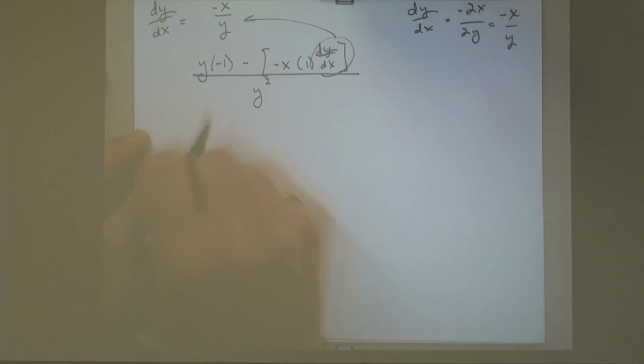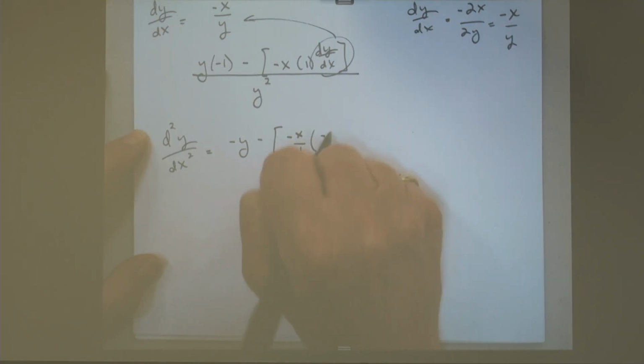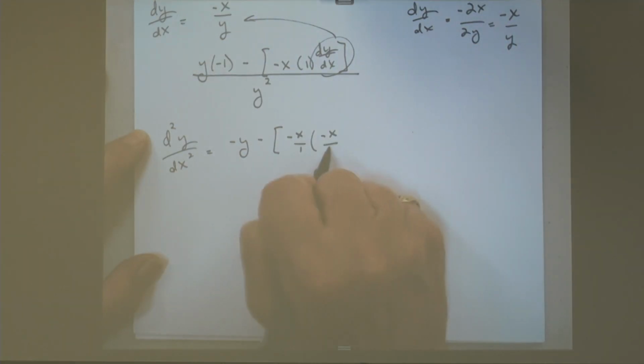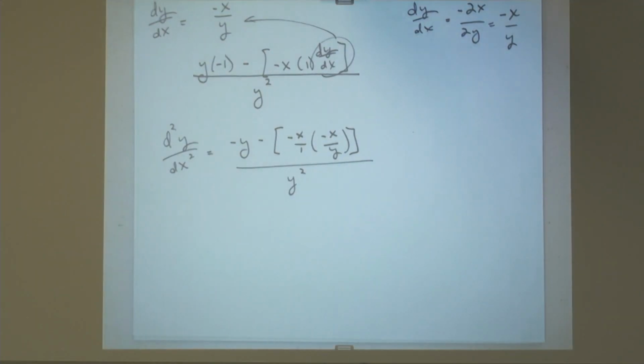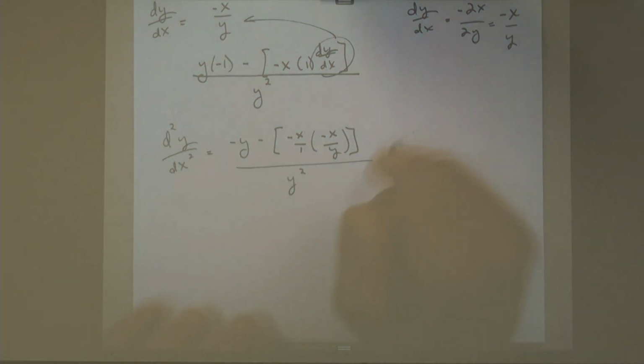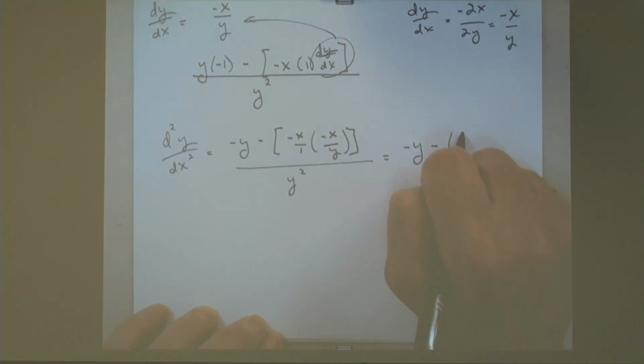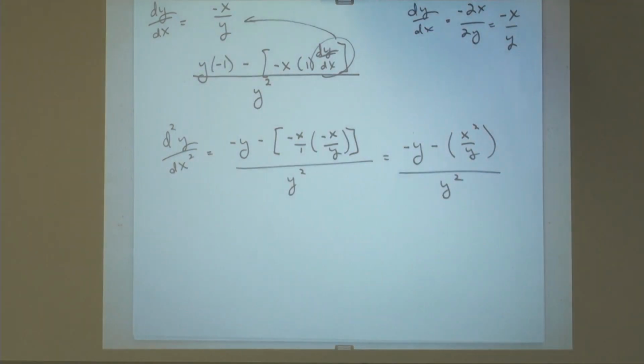So now the second derivative is going to be negative y minus negative x times negative x over y, over low. And that's going to give me negative y minus x squared over y, over y squared.